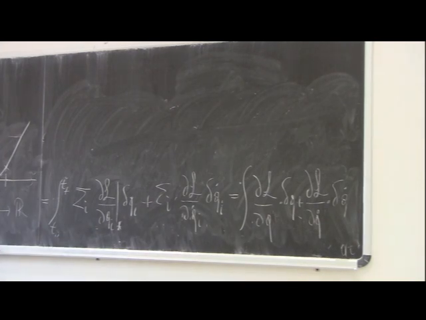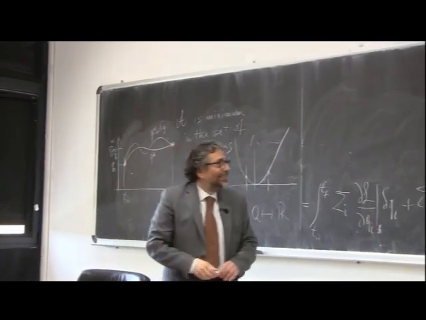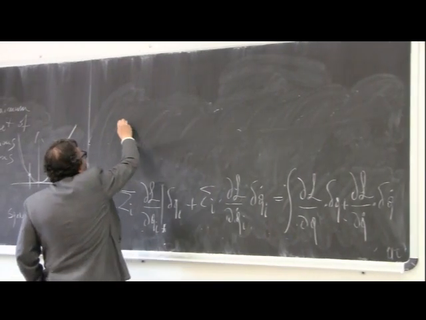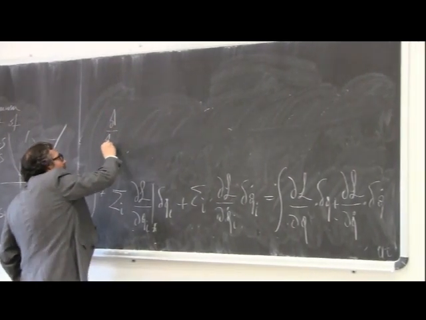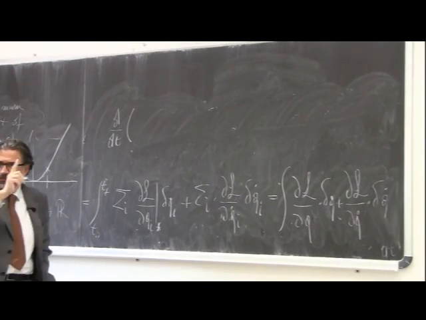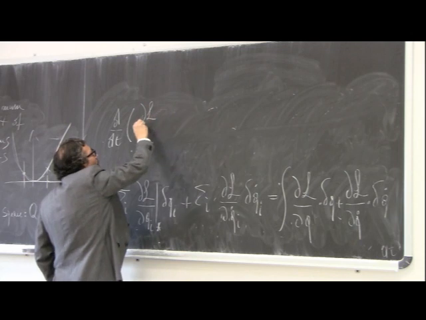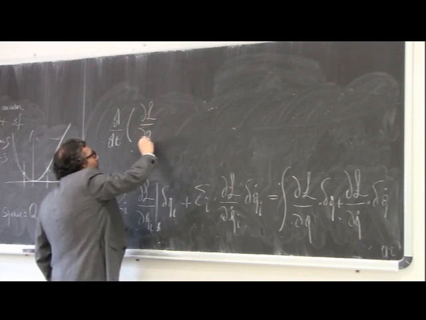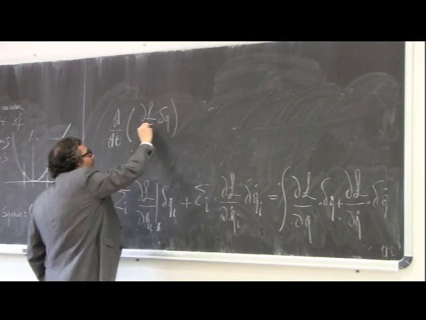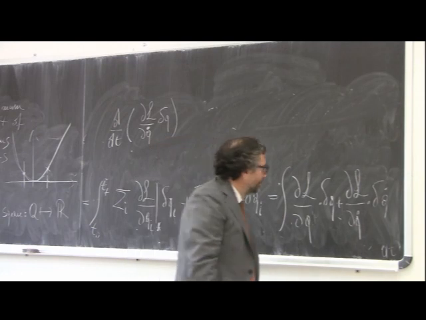Now, you know integration by parts, I hope. So, let us make a calculation here. d over dt, I will explain you this symbol carefully, of dL over dq dot delta q.